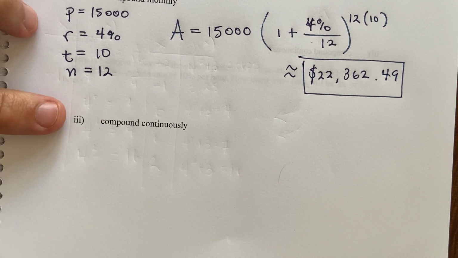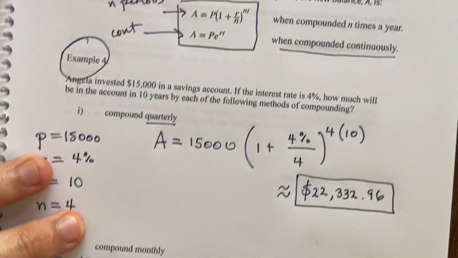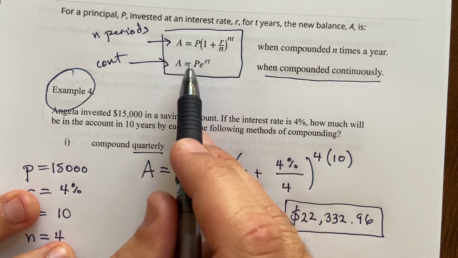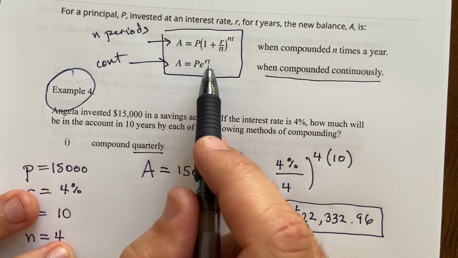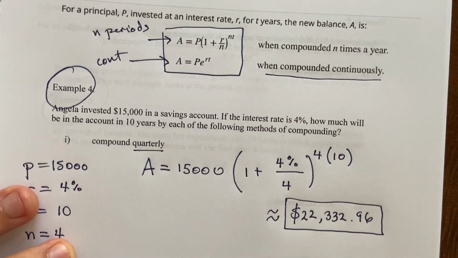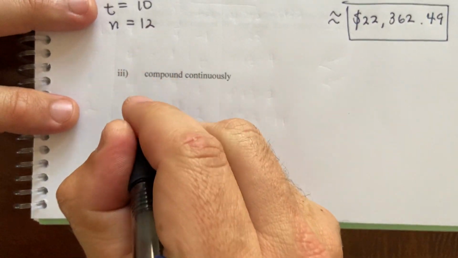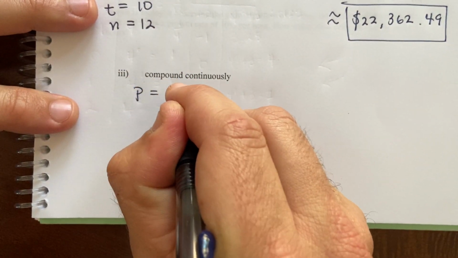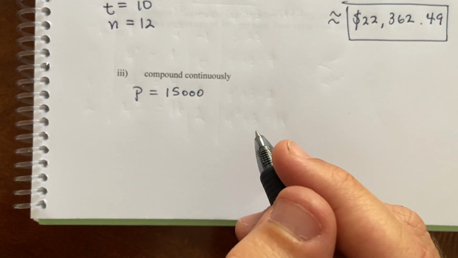For continuously compounding, we're now no longer using this formula. Continuous compounding means we're using this formula here. So P is still assumed to be this 15,000, right?